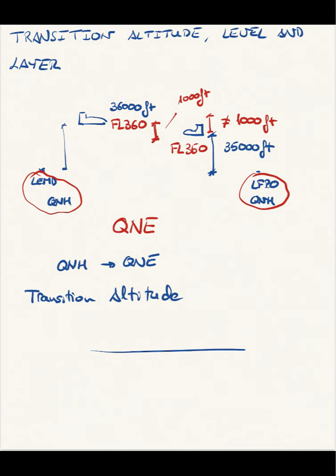And when overflying it after takeoff, we change from QNH to QNE, we change from flying altitudes, or from reading altitudes, to reading flight levels.